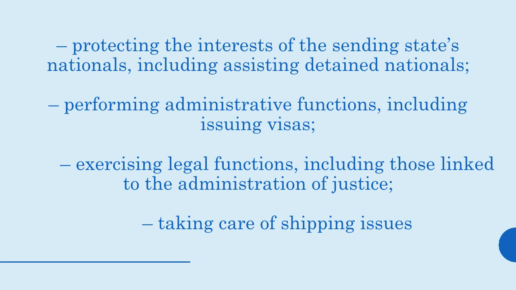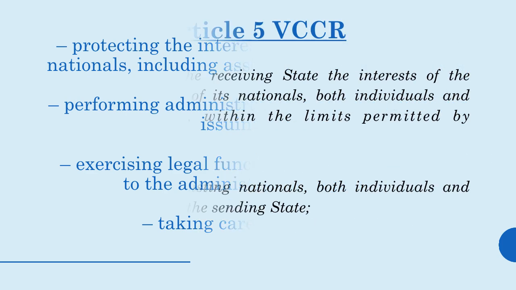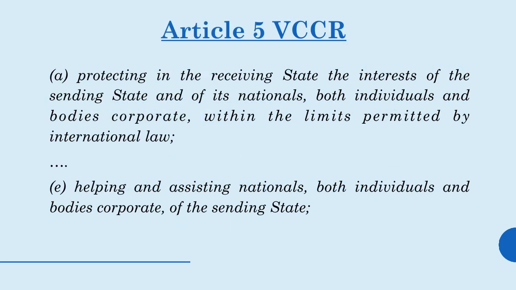So let's discuss some specific functions of consuls, which are fixed in Article 5 of the Vienna Convention on Consular Relations. If we summarize all functions by some categories, the first function will be protecting nationals. So, according to letters A and E of Article 5 of the Vienna Convention on Consular Relations, helping and assisting nationals and protecting their interests belong to the consular functions.